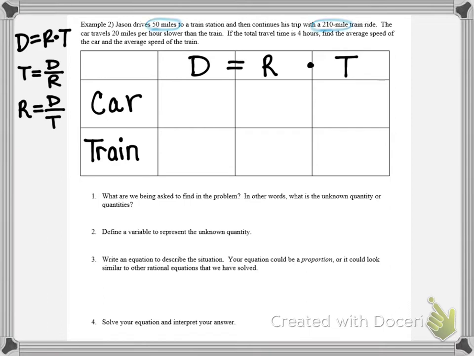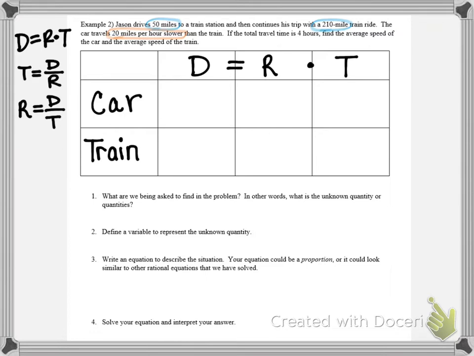Jason drove 50 miles in his car, then he got in the train and drove another 210 miles. So I circled those in blue because those both represent a distance, just a pure distance, 50 miles and 210 miles. Then the sentence next tells us the car travels 20 miles per hour slower than the train.